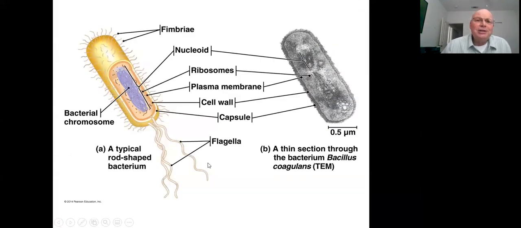So here you can see a typical bacterial cell. You can see the pili, they're also known as fimbriae, sticking around the outside. Pili is actually an old term. We typically save the term pilus, which is the singular of pili, for a special feature that is a quote unquote sex organ.